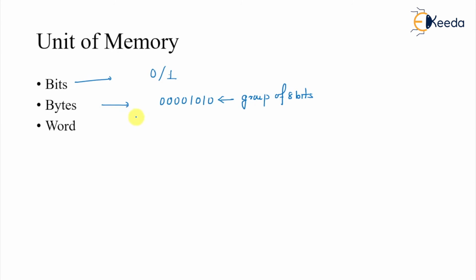Word size depends upon the system, and in general a group of 4 bytes constitutes a single word. That is the standard one, but for the purpose of the examination we have to be flexible with this.